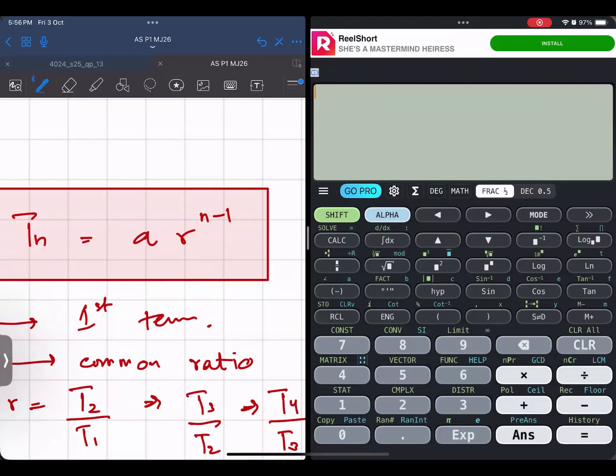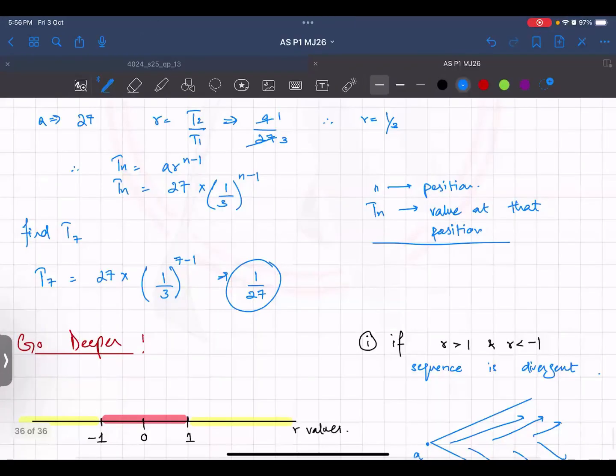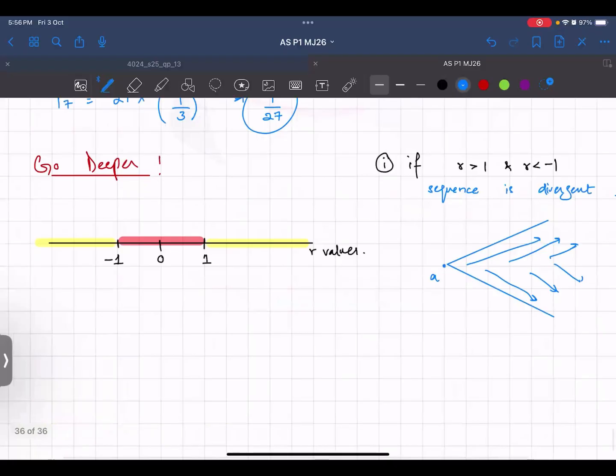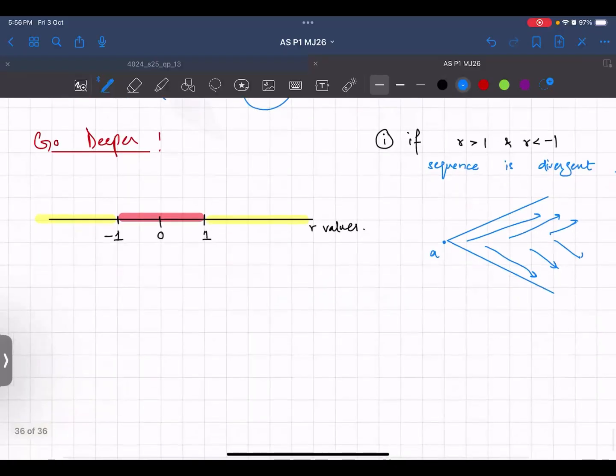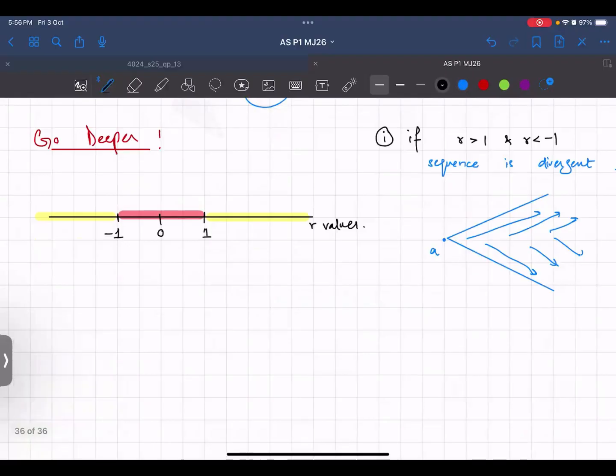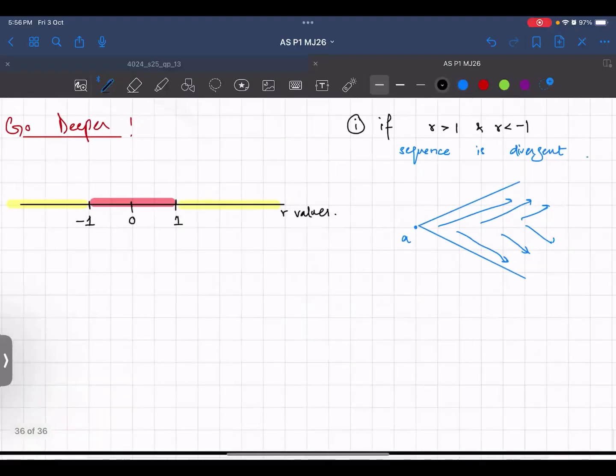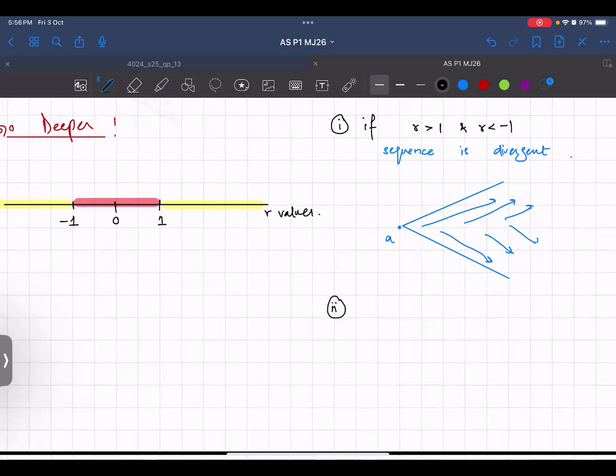Again, it would keep on increasing with both of these R. If your R value is in the yellow region, your sequence will be divergent.